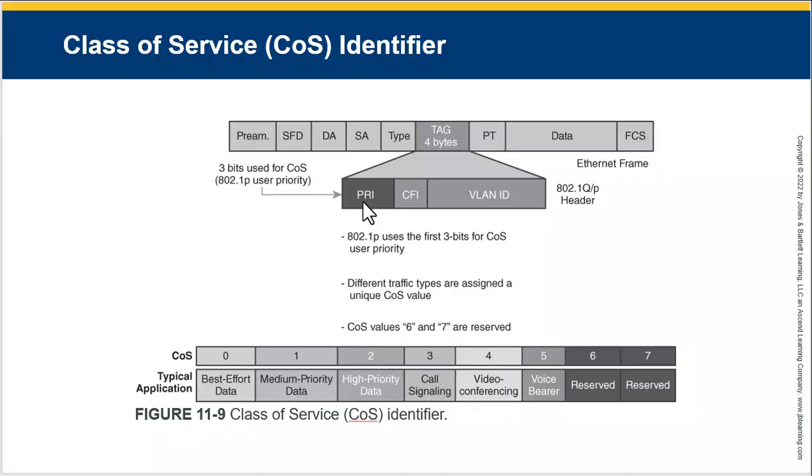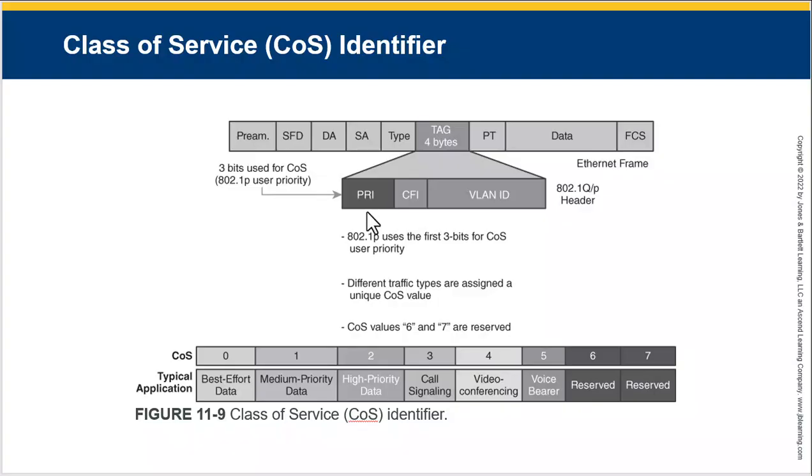If it's a 1, then that's considered low priority. So that would be like for FTP traffic or something like that. If there's a 2 in this slot, then that's considered high priority. That's like business critical data. And if there's a 3 there, then that means it's a VoIP, voice over IP signal, so it gets a little more priority.